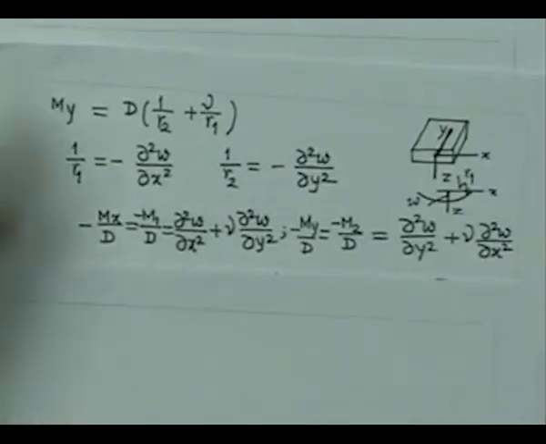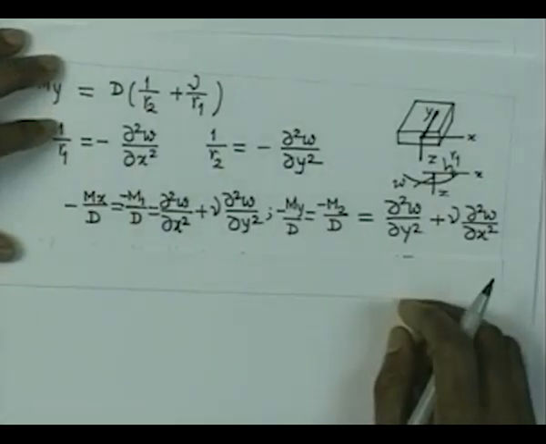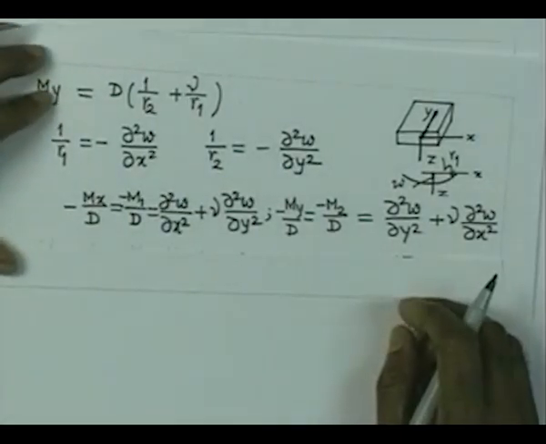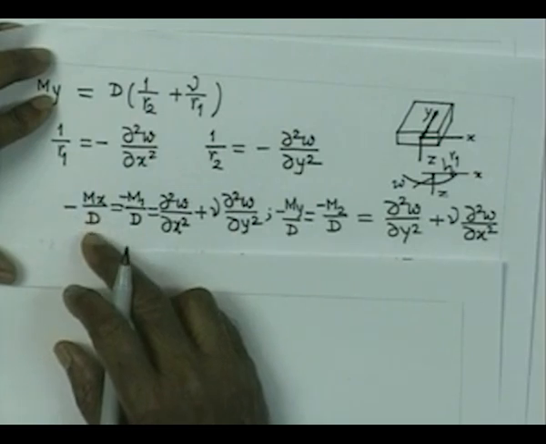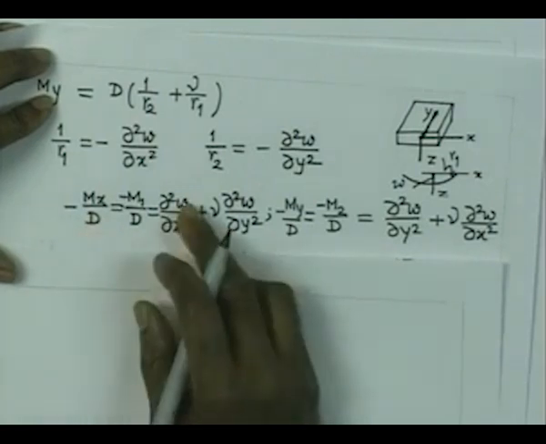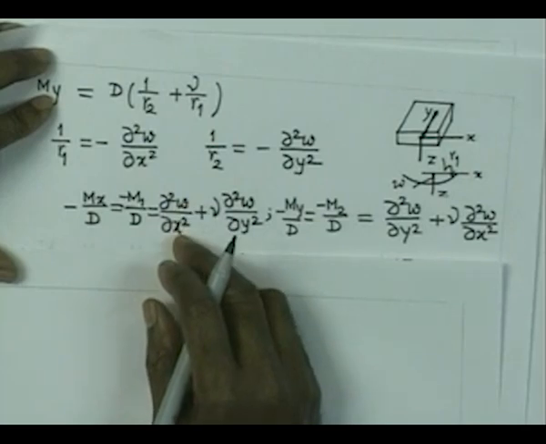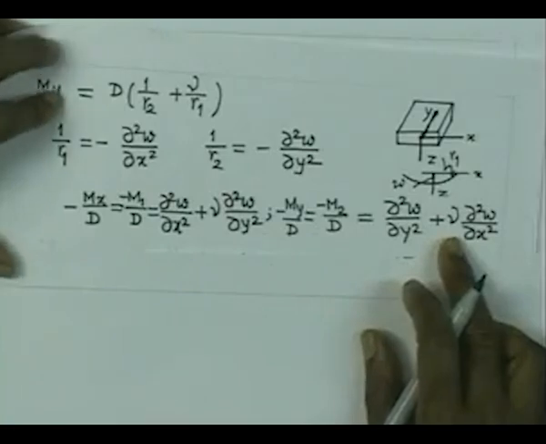So, these are the moment curvature relations. In the case of beam bending, the relation was Mx by I is nothing but delta 2 w delta x square, but in the case of plates you are going to get involvement of the other curvature as well.